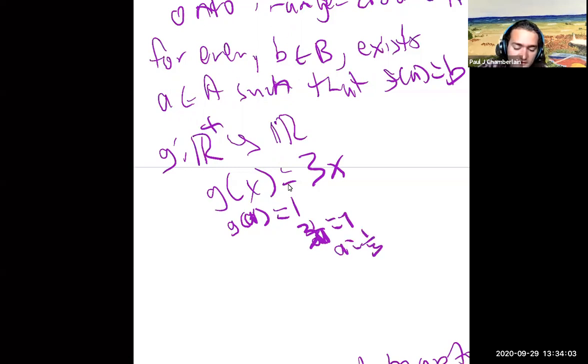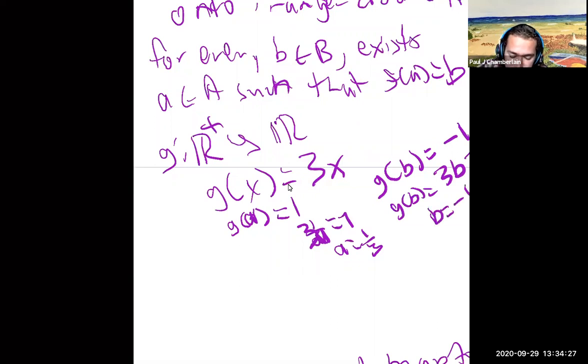But I can try something that's not in the positive reals and say, let's try -1. What input can I get to give -1? Whatever we take, g of b equals 3b, and this is equal to -1, so b equals -1/3.